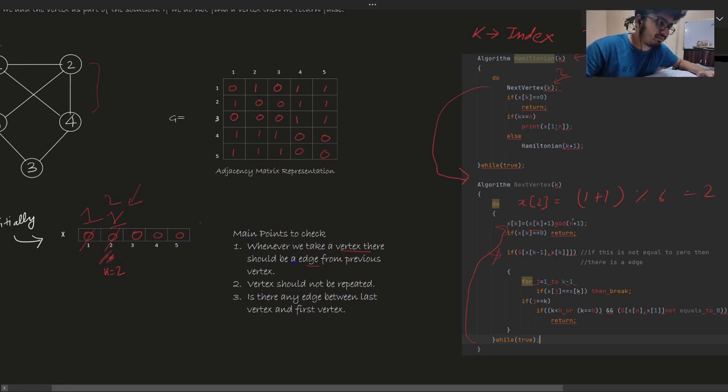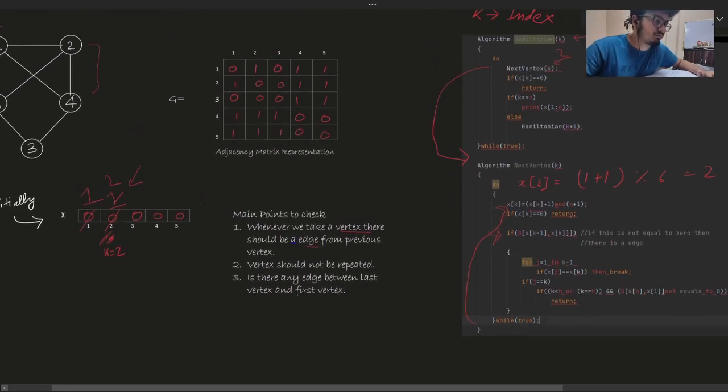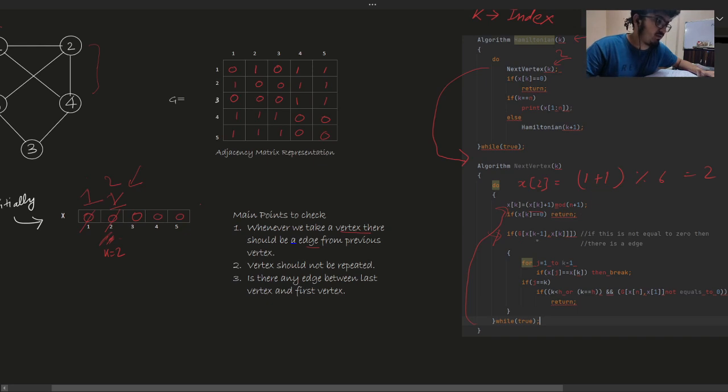Now, does x of k equal 0? No. Is there an edge between the previous and the current, 1 and 2? We check 1 and 2. Yes, there is an edge. The flow goes inside.